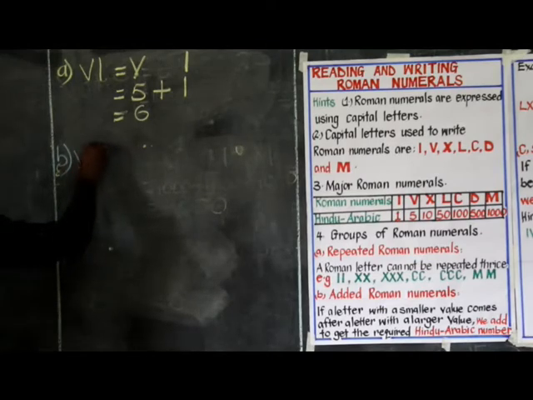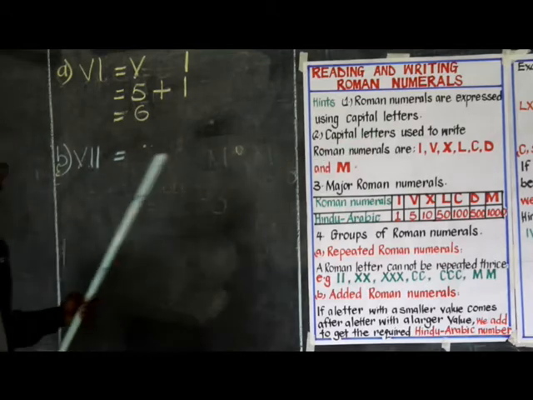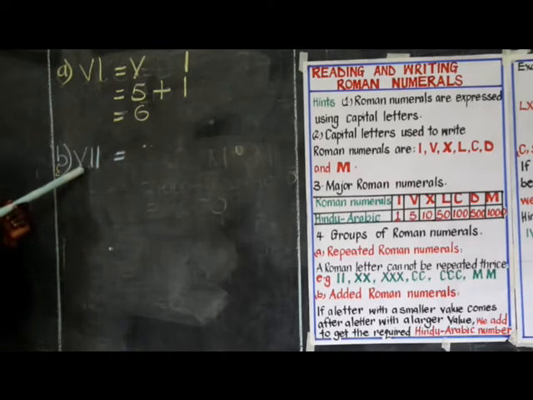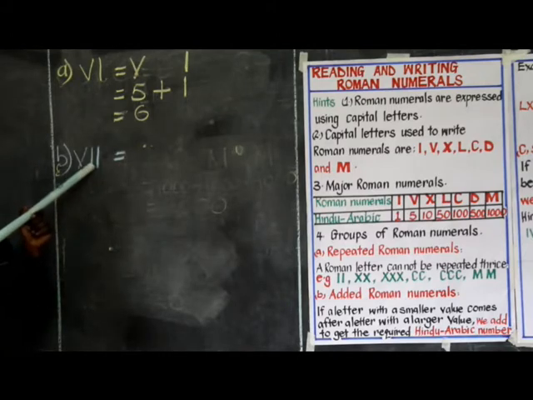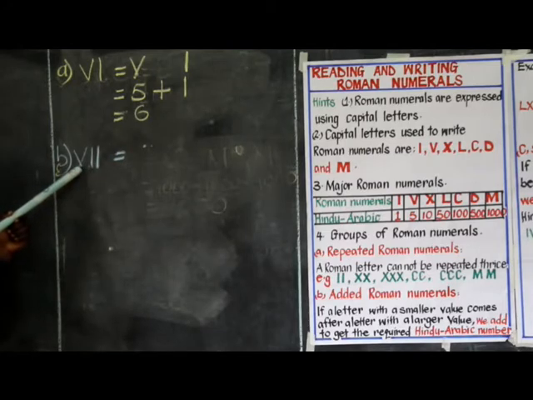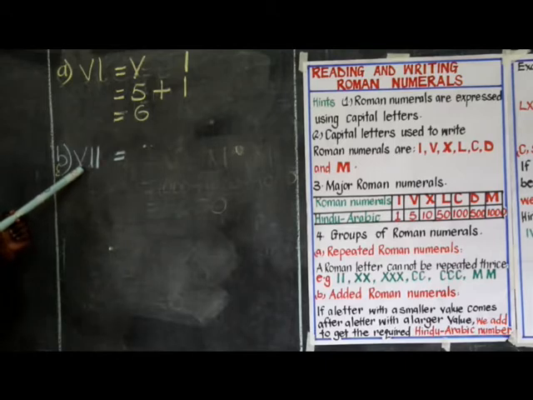VII is also another example of Roman numerals built by adding. So VII, you look at V. Again, V is of a higher value than II. Remember, when you're in your P4, you must have learned what II represents. II is 2 and V is 5. You realize that 5 is quite bigger than 2. So meaning that they started with a figure of a higher value and they ended up with that of a lower value.